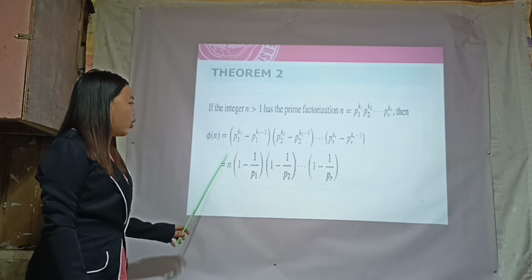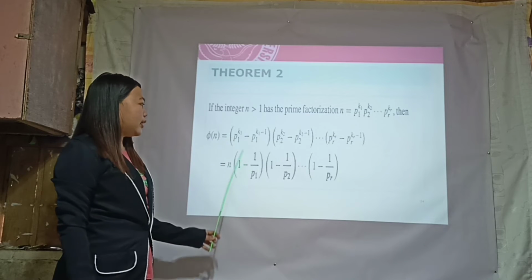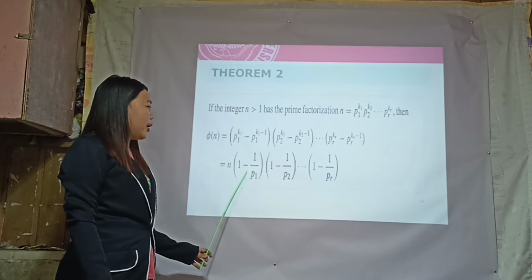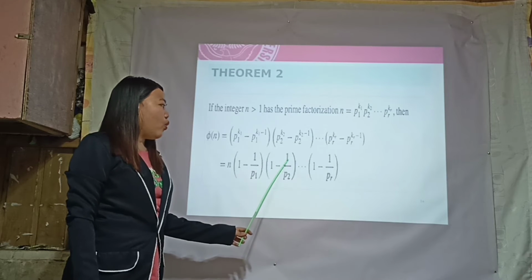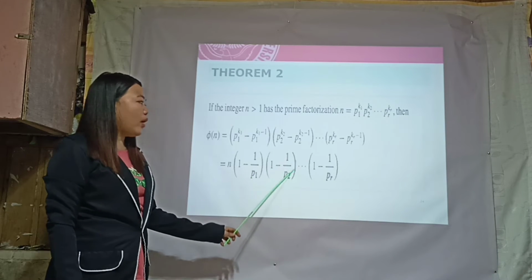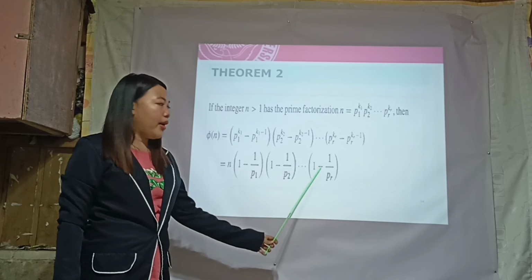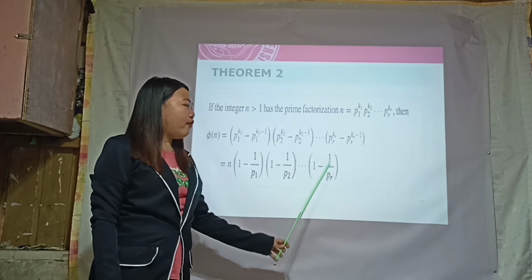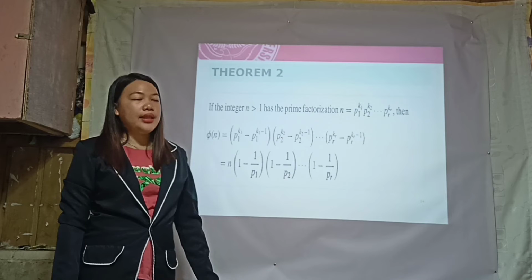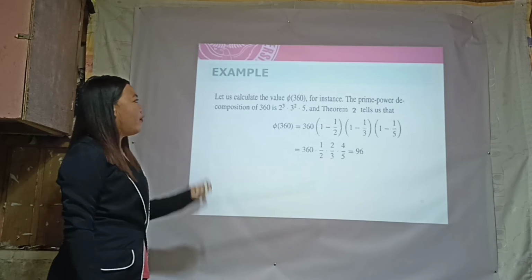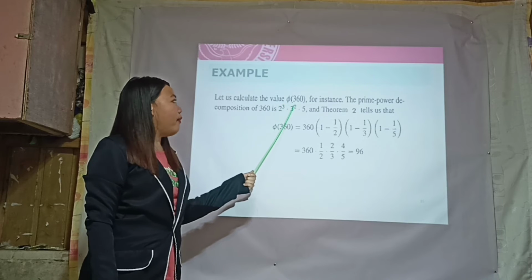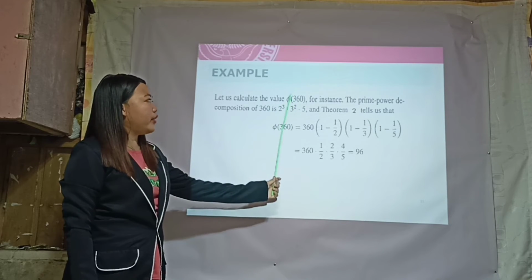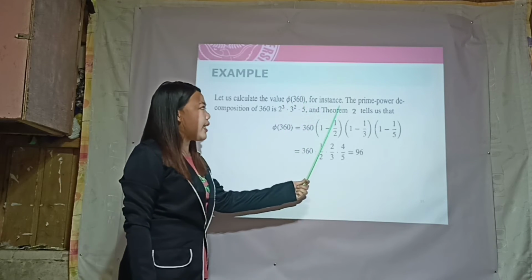So φ(n) is equal to n times (1 minus 1 over p₁) times (1 minus 1 over p₂) until (1 minus 1 over p₃). So, for example, let us calculate the value of φ(360).